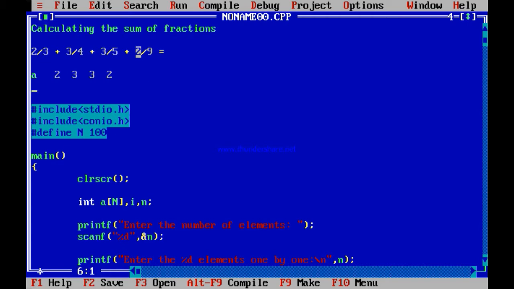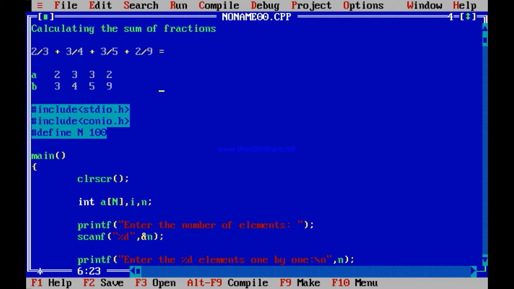I will put the denominators in another array B, and the denominators are 3, 4, 5, 9. These numbers I will put in another array B.